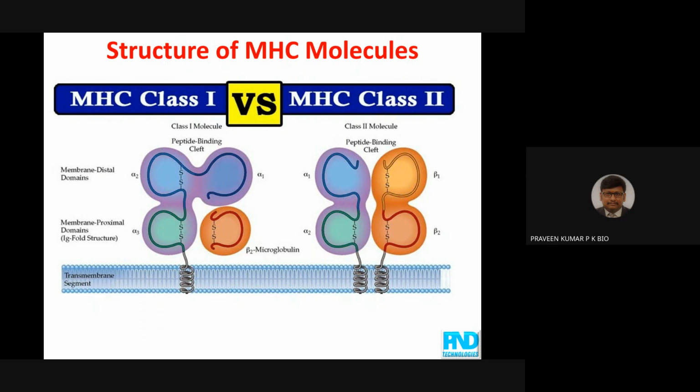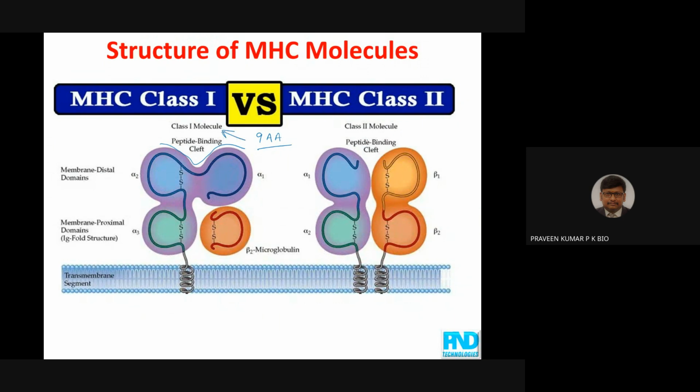In MHC class 1, you can see alpha 1 and alpha 2 membrane-distal domains on the surface, which come under the same subunit. So whatever antigen binds is of lesser length. The usual length we use for prediction is 9 amino acids for MHC class 1.